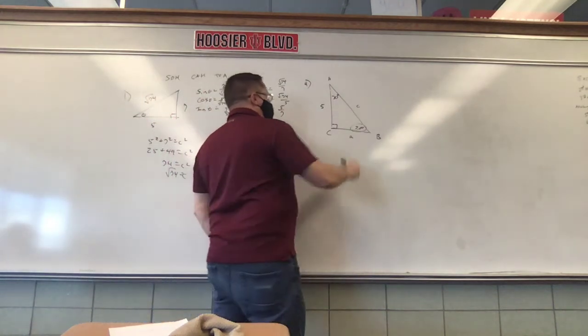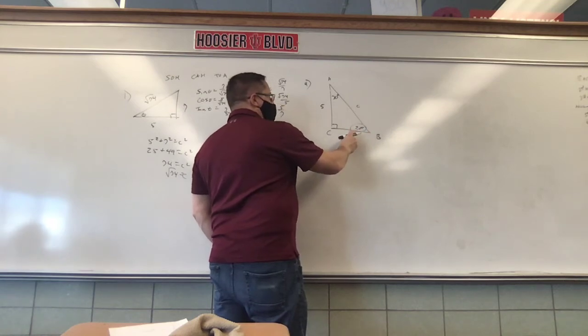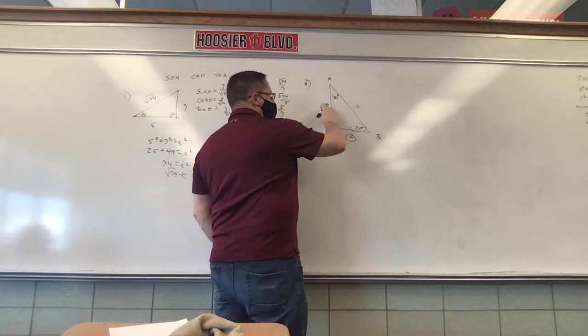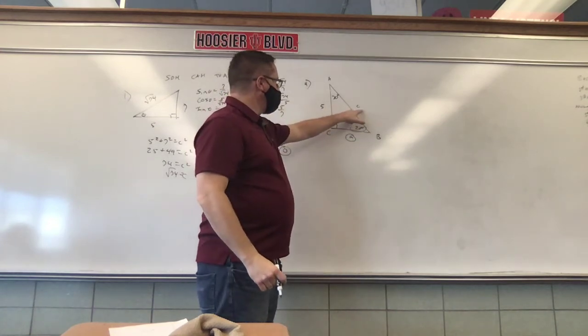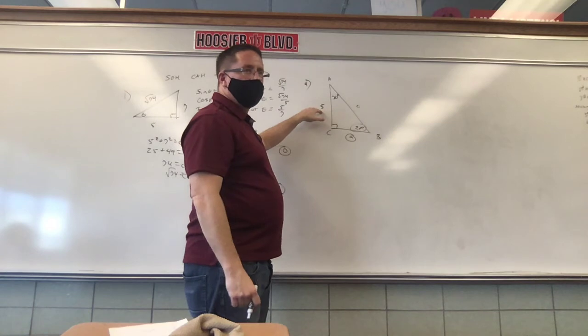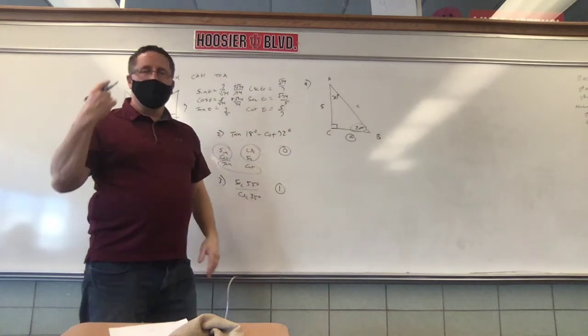So if I want to find out what little a is, what other side am I going to use? Am I going to use the hypotenuse, or this side over here with the 5? Why wouldn't I use the hypotenuse? You can't have 2 things you don't know. You only have 1 thing.